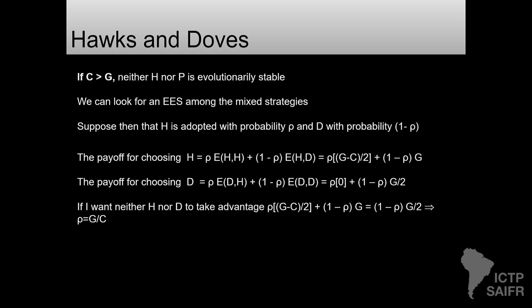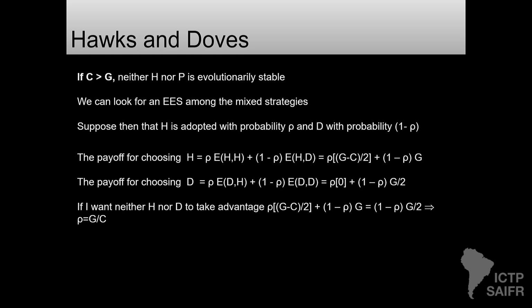Let's call this the strategy P. Suppose that now I am trying to find the payoff of a hawk while playing against P, and the payoff of a dove while again competing with P. So I want these two payoffs to be calculated.